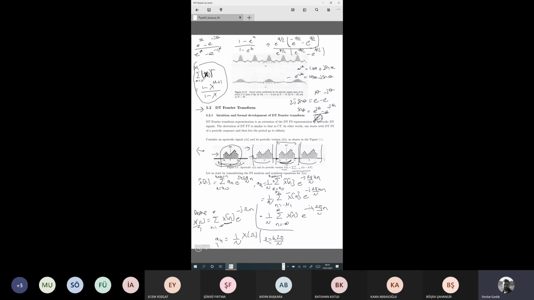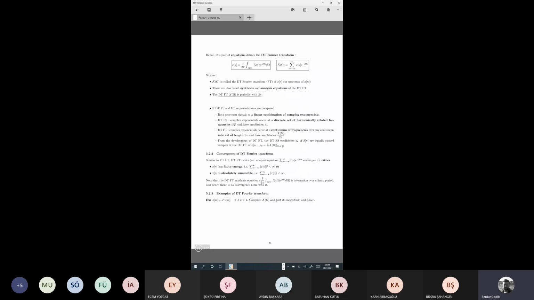And once you sample or evaluate this X of omega at specific instances, omega equals k 2 pi over N, at those points, then you find the Fourier series coefficients for the periodic version, which is x tilde of n. So this is an interesting observation. So let me continue by rewriting x tilde of n.